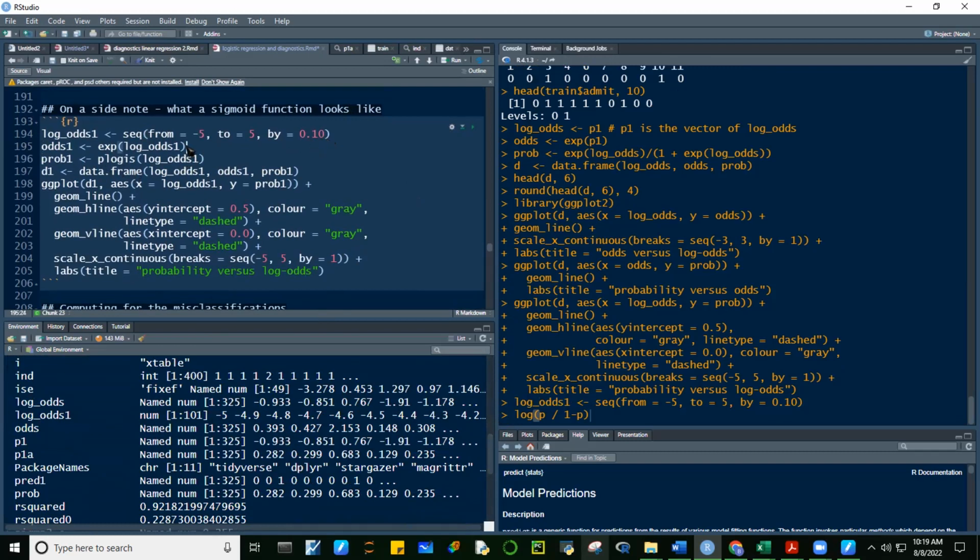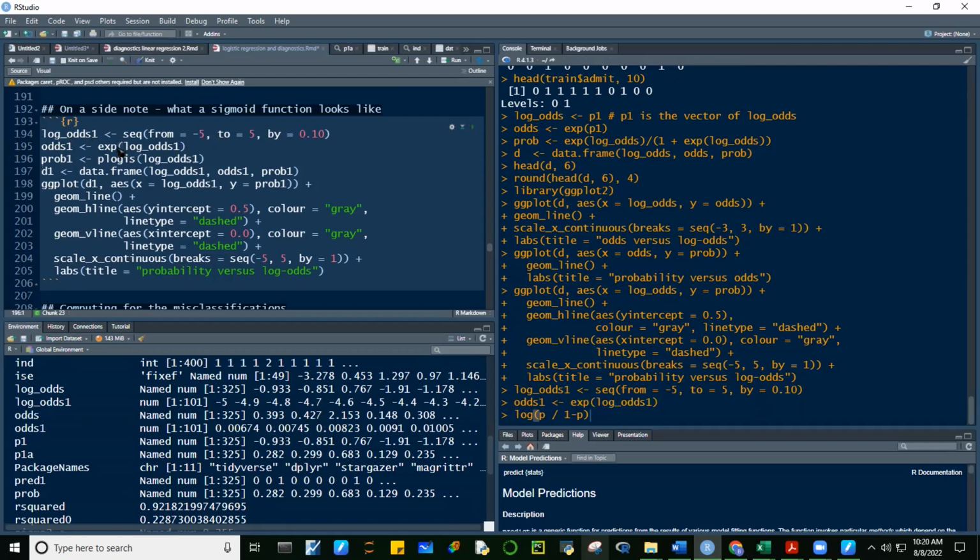And then what we do is kunin natin yung odds ni log odds 1. So you recall this guys, to get the odds ratio, you just exponentiate si log odds. So we got odds 1 and then if you recall ito, may function tayo sa taas, yung probability ni log.